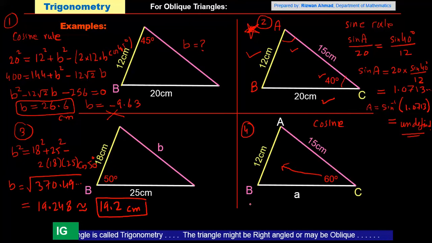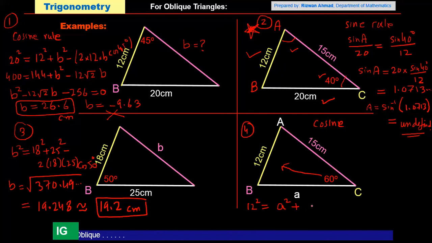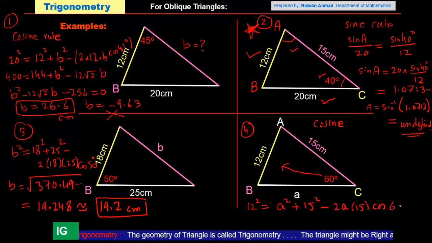We can write that 12 square is equal to the sum of the squares of the other two sides, a square and 15 square, minus 2a times 15 into cosine of the angle 60. So again it will be a quadratic equation.